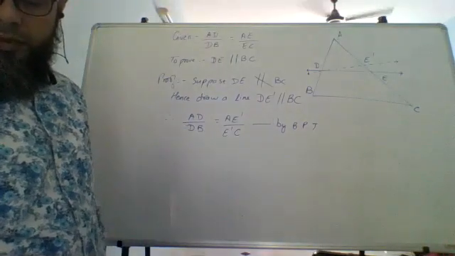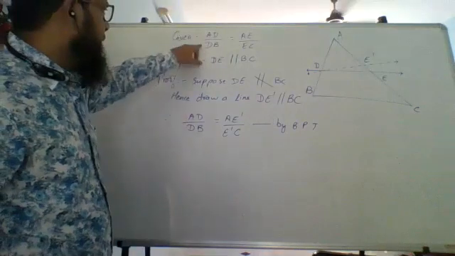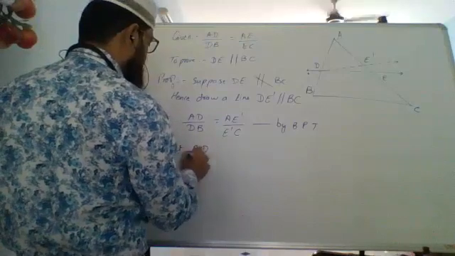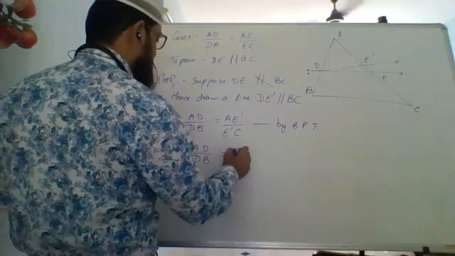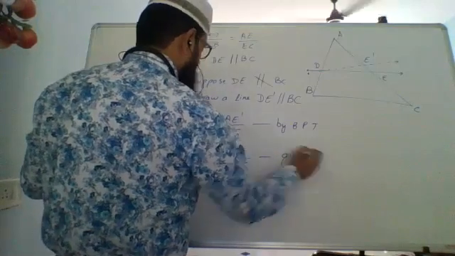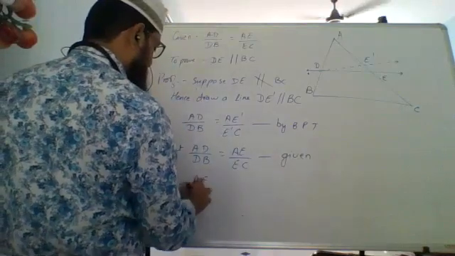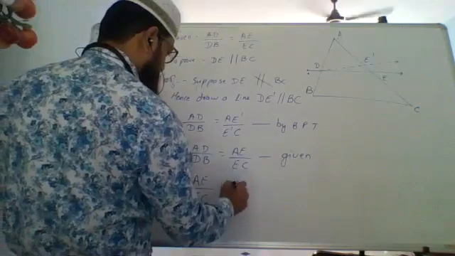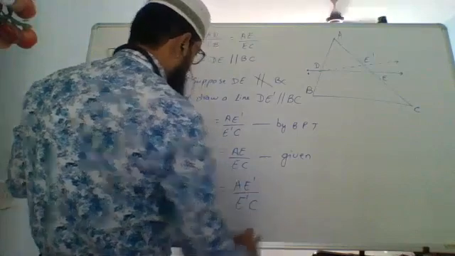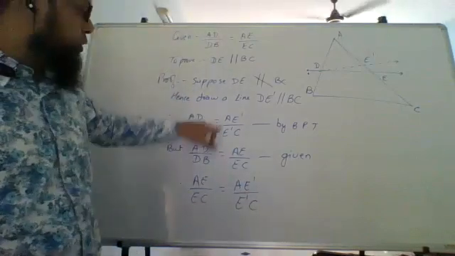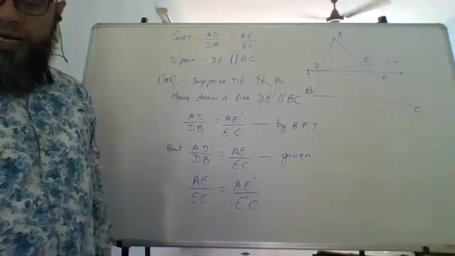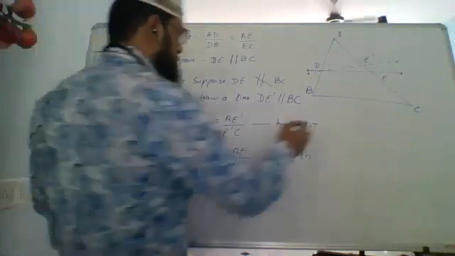Now, we already know AD upon DB equals AE upon EC. This is given. Therefore, AE upon EC equals AE dash upon E dash C. The left hand sides are equal, so the right hand sides also have to be equal.